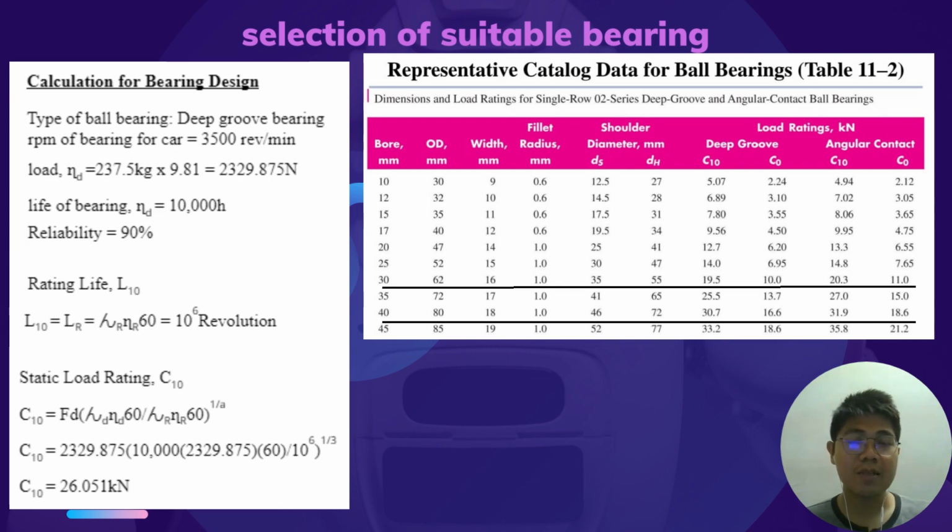For our static load rating, we are getting about 26.051 kilonewton, and we can see in table 11.2 that the range for our bore is about 35 to 40 millimeter, and then for outer diameter, we are getting about a 72 to 80 millimeter range.